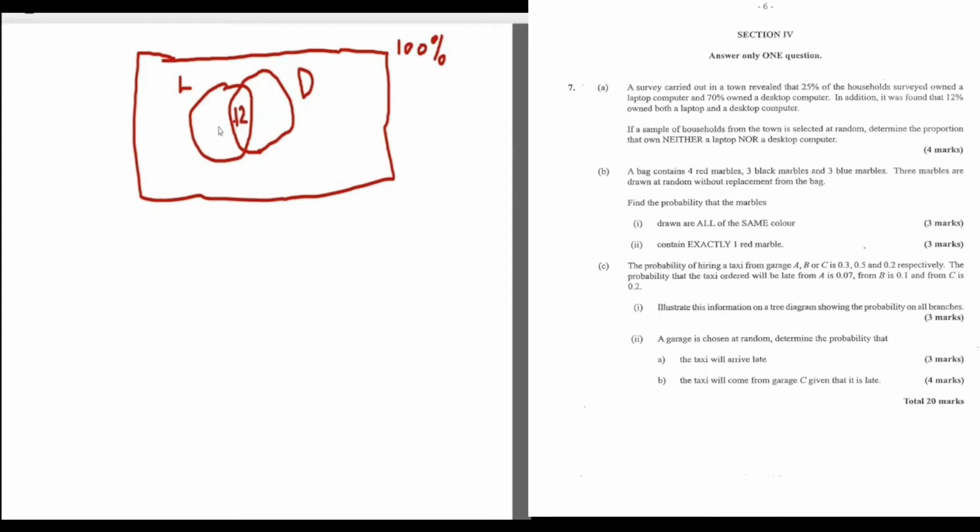So where it's laptop only is 13, because we need 13 plus 12 to give us the 25.